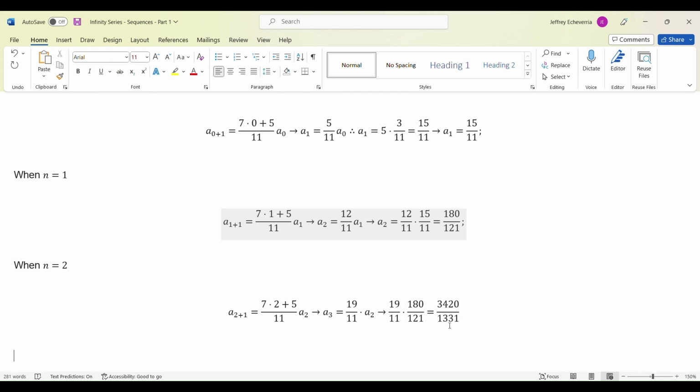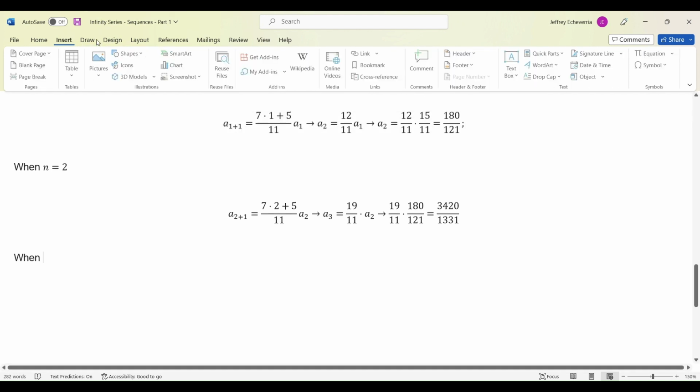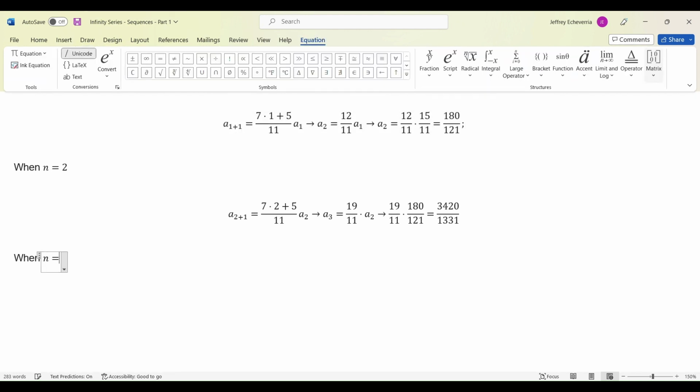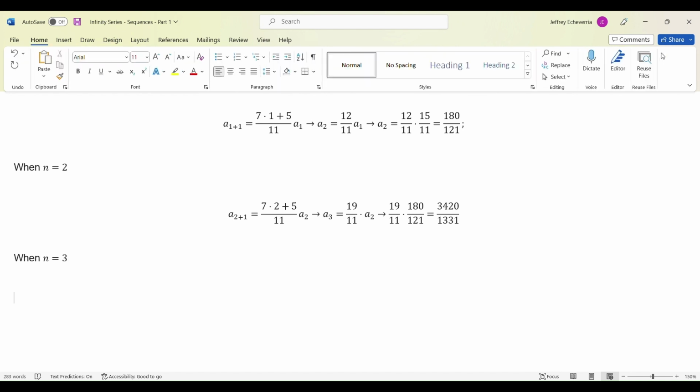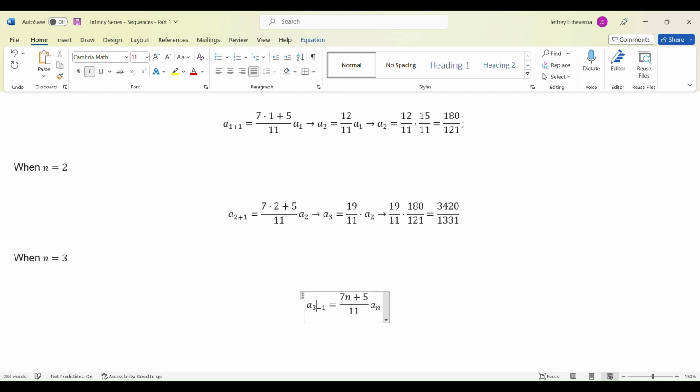So now let's do when n equals 3. We do copy and paste like we did before. So we replace all the n's with a 3.